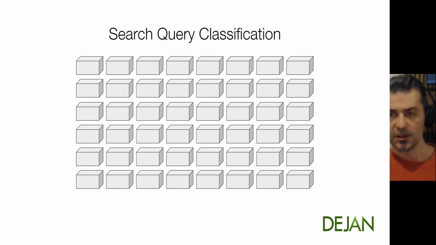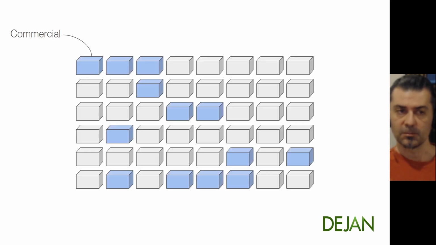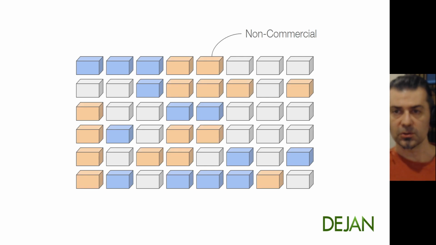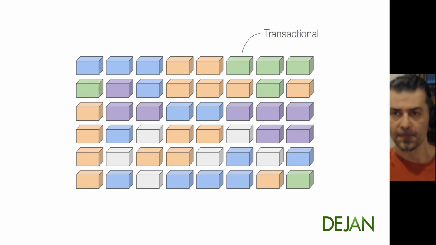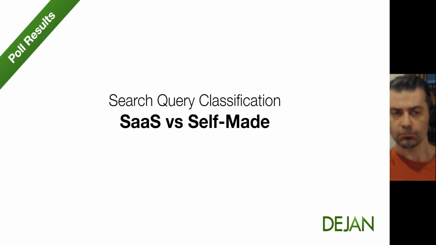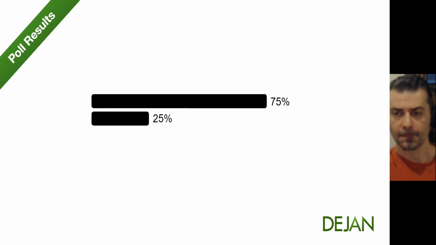Let's say you have many hundreds or thousands or even millions of search queries that you need to classify for various SEO purposes. Typically people go commercial, non-commercial, commercial investigation, transactional, navigational, and so on. So you tend to gravitate towards ready-made solutions, software that's off the shelf, ready to go.